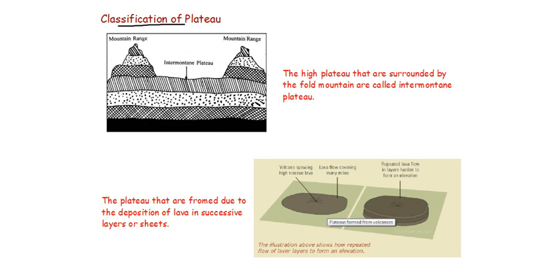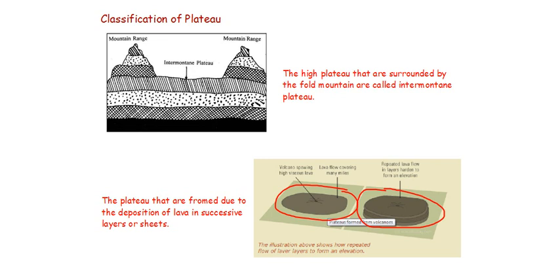The next one is called volcanic plateau. You can see over here that layers of lava solidified to form this plateau. For that we call it a volcanic plateau, or a lava plateau.